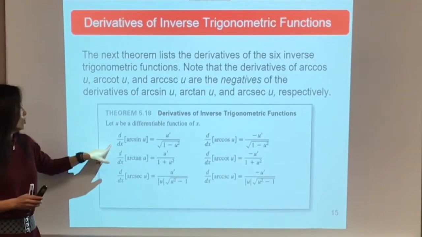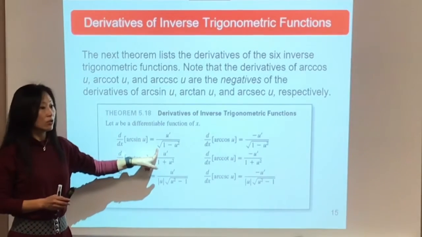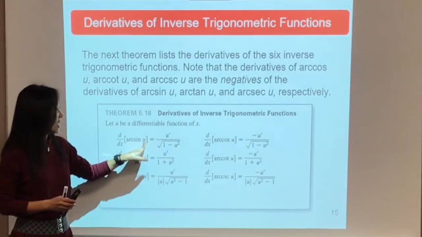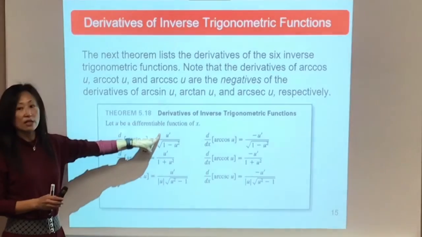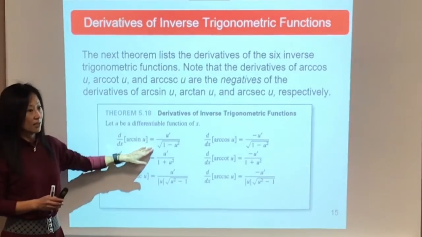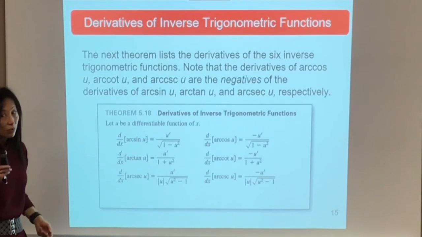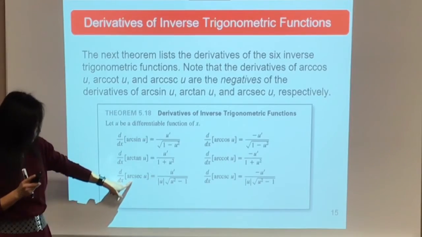So the derivative of arcsine is what? Always the square root of 1 minus whatever that is, you square that. And then whatever that is, you take a derivative of that. That is your arcsine. But this is easy. The reason is arcsine, arctangent, arcsecant.